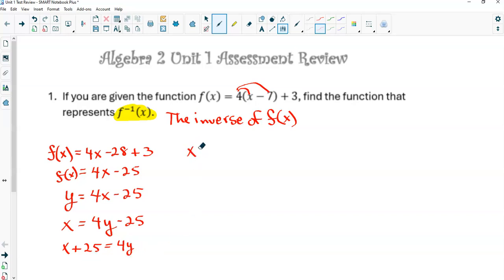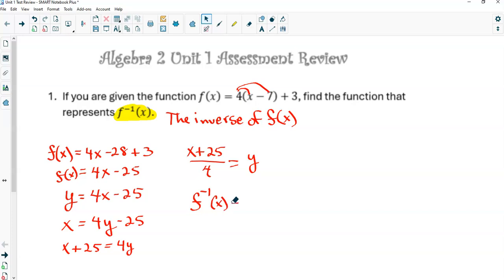So x plus 25 divided by 4 is equal to y, because 4 divided by 4 is 1. In function notation, f inverse of x equals x plus 25 divided by 4.